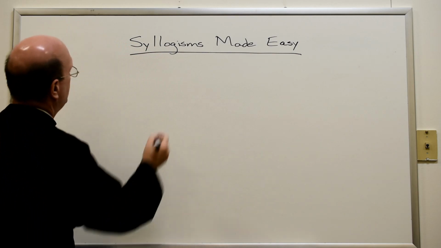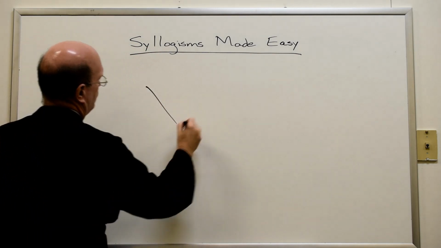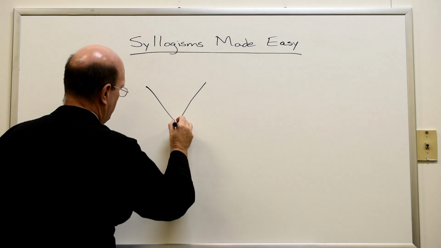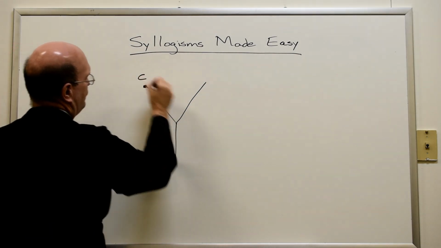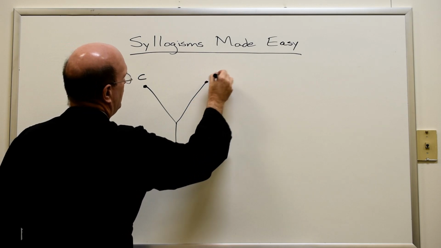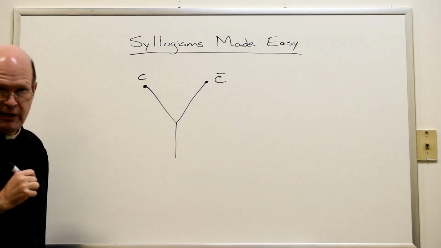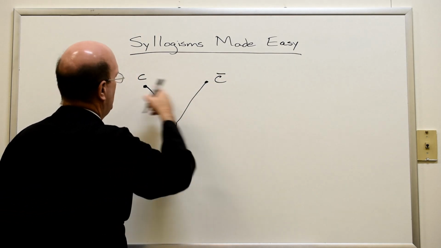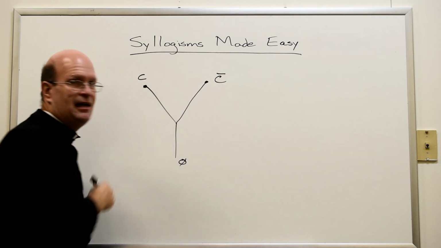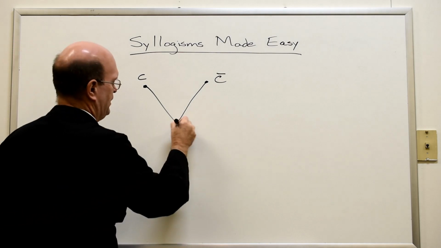Another rule is that if I have a diagram like this, whatever it may be, maybe it's a Y diagram, whatever, but the point I want to make is this: if I have a category C here and it's not C over here, the only thing that C and not C can have in common is the empty set.